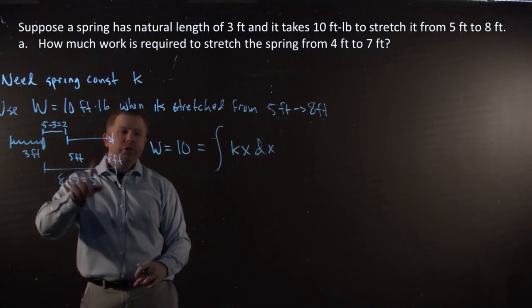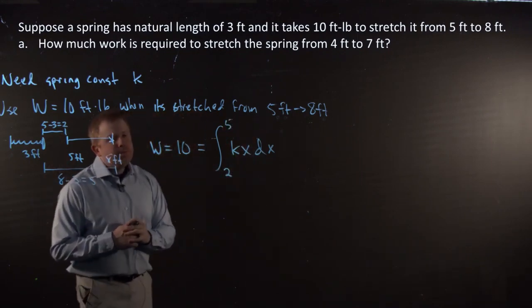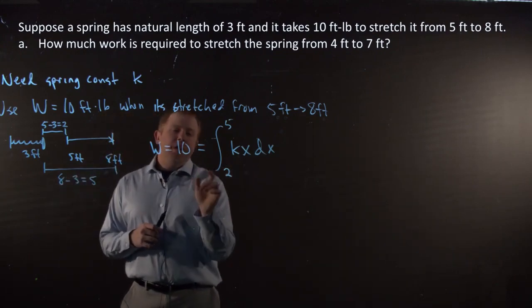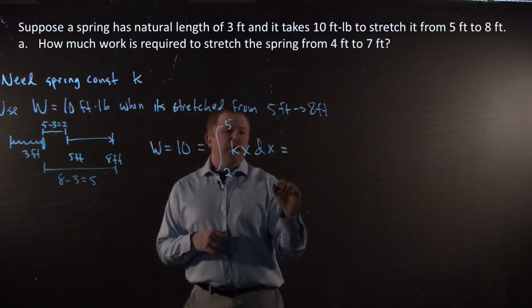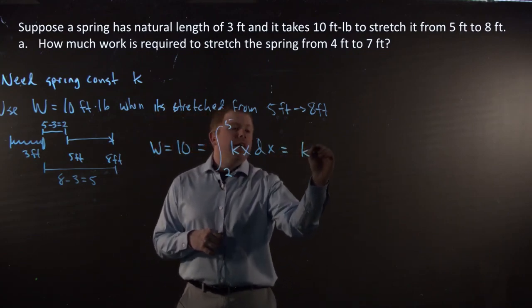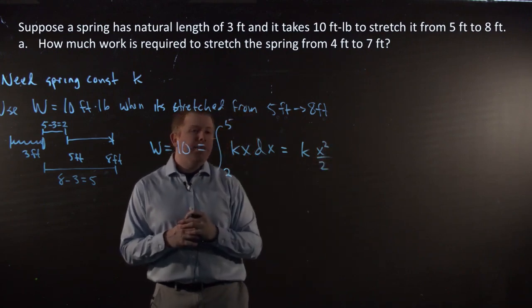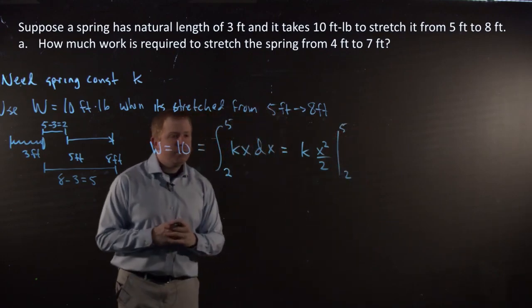I'm going to use 2 and 5 as the limits of this integral. So now all we have to do is compute this integral, and we can solve for k. This is going to be k times x squared over 2, adding 1 to the power and dividing by it, and evaluating from 2 to 5.